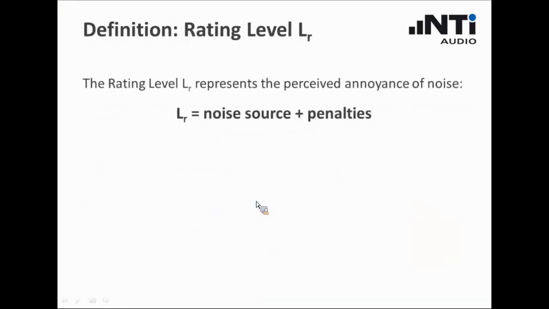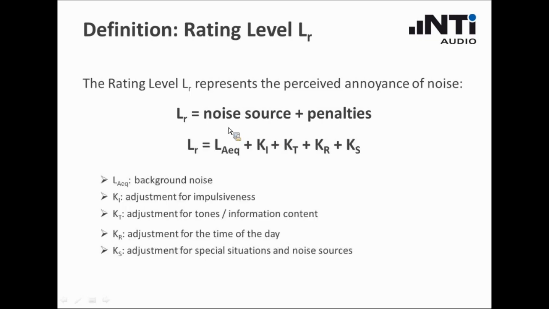So let us take a closer look at the definition of the rating level. It represents, as stated, the perceived annoyance of noise. So it is actually a combination of the sound level of the noise source plus some penalties that have to be applied depending on the content of this noise source. So in practice, it looks like that.